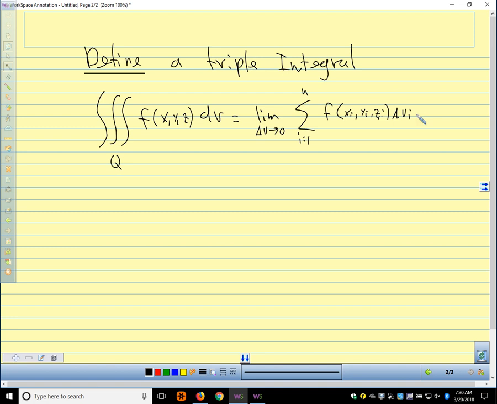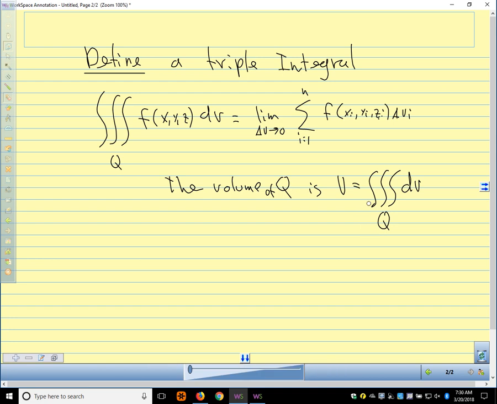So that's going to be our definition of a triple integral. The volume of the region Q, volume of Q, is V, which would just be the triple integral over our region of dV. So we're just summing the volume of all those little rectangular prisms.